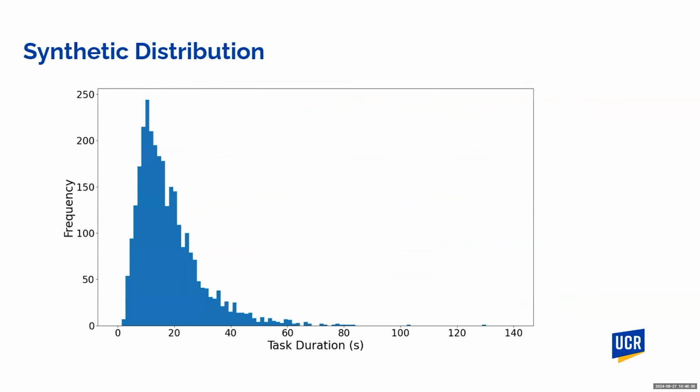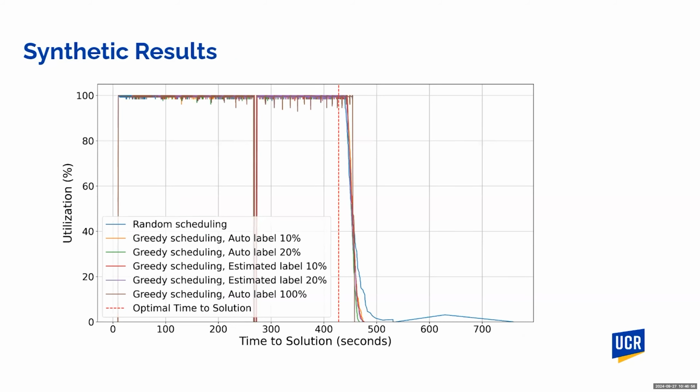Here's a distribution of the synthetic workload. As you can see, most of the tasks are between 0 and 40 seconds. It's modeled after a paper which discusses the tail end problem, which is basically that a couple of tasks take a long time and can hold up the time to solution. To solve this, we labeled some of the tasks. I labeled varying amounts of tasks and to varying degrees of accuracy.